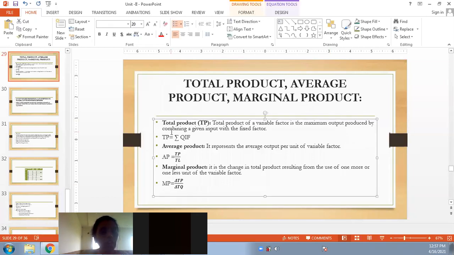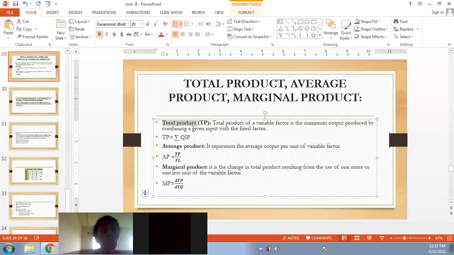Okay. The first one that here we have, it is total product. What is a total product means? The total product of variable factors is a maximum output. The maximum output produced by combining a given input with two fixed factors of production.